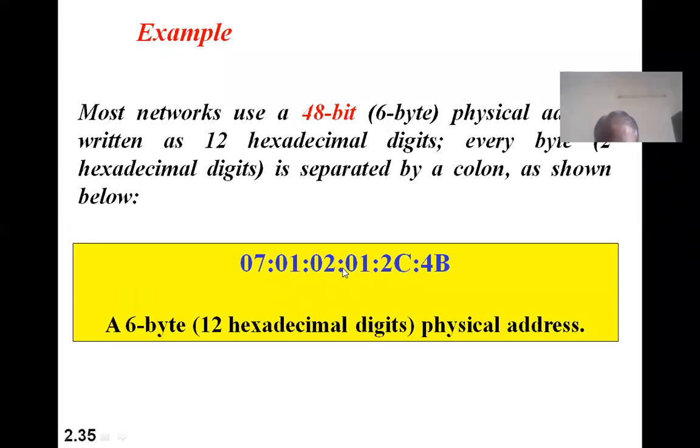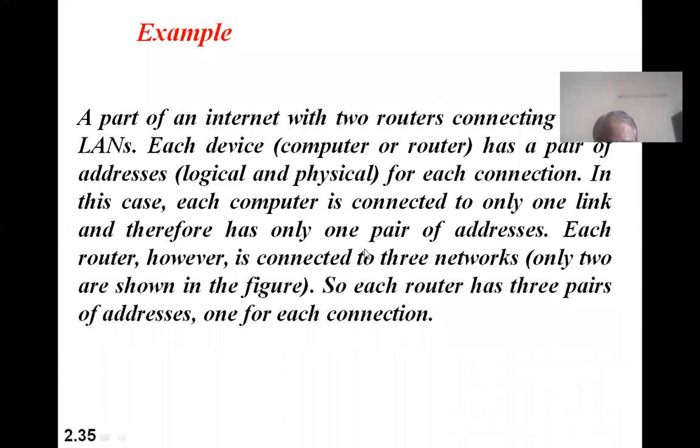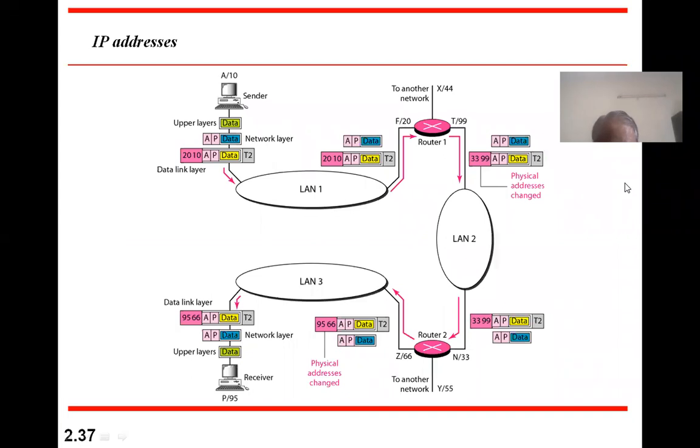Right. Now let's see another case where the source and destination are connected through routers on a wide area network. Here there are two routers, router 1 and router 2. There is LAN 1, where this system 10 is, and this LAN is connected to one interface of this router, and another interface is connected to another LAN here.